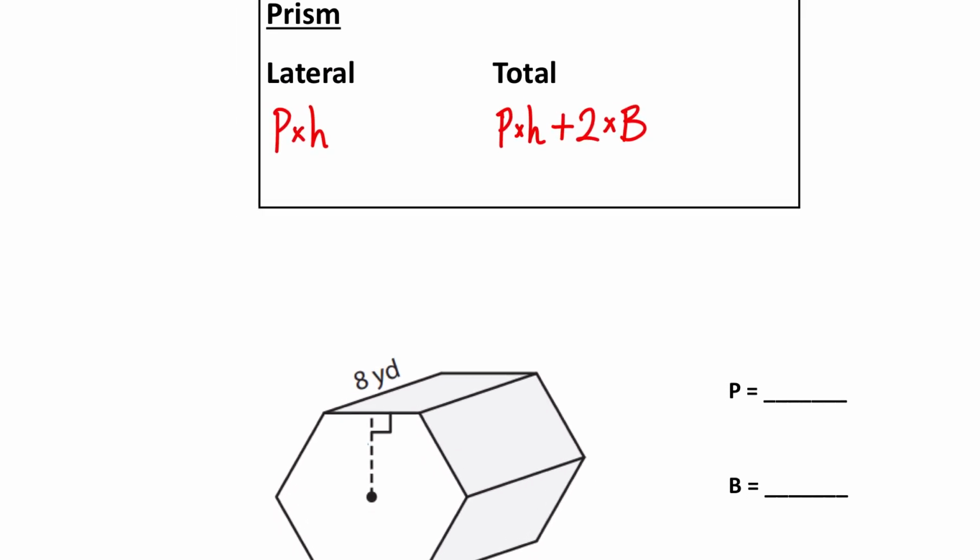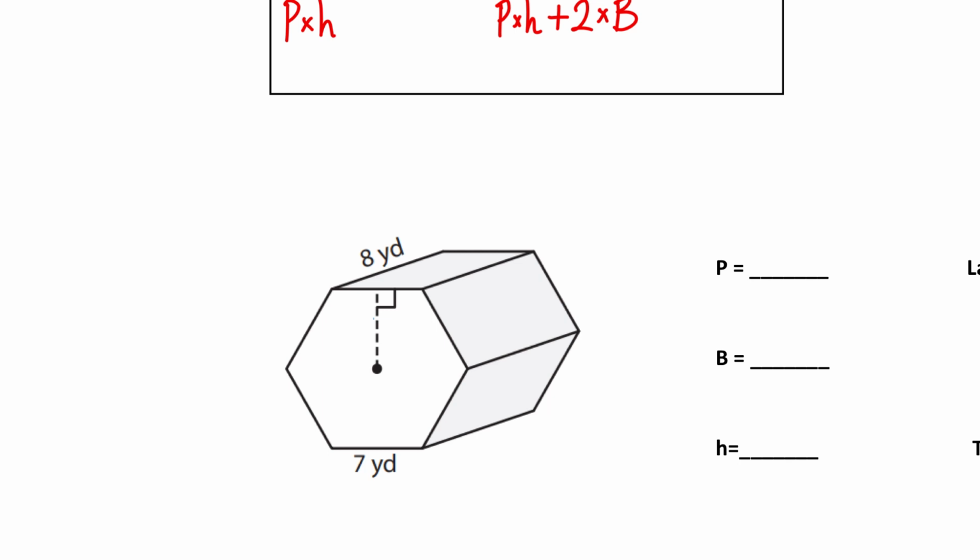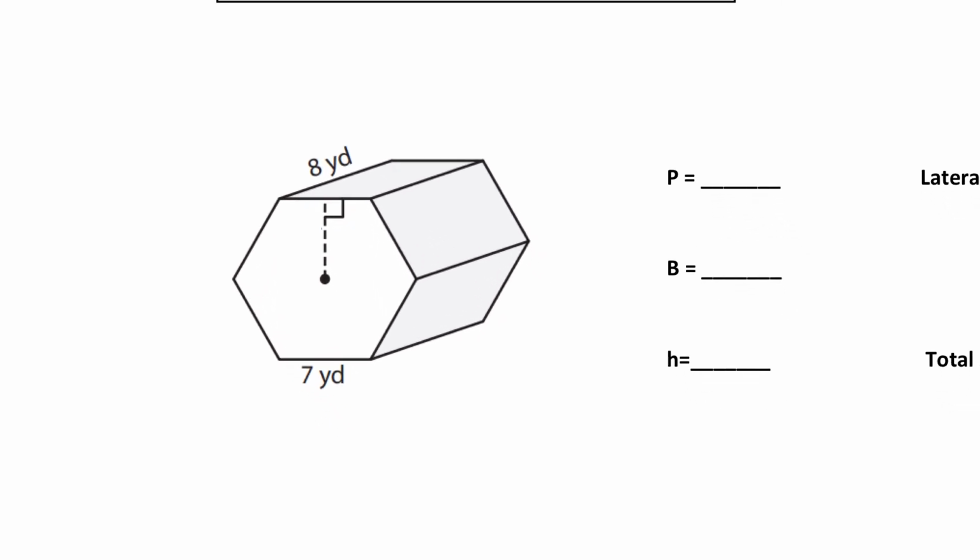Okay, you got that? Okay, so what's the perimeter of the base of this thing going to be? 42. 7 times 6, which is 42. Now, to find the area of the base here, what am I going to have to find? The apothem. I'm going to have to find this apothem, just like we did a second ago.